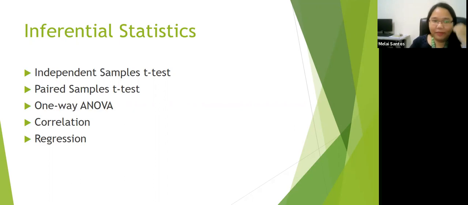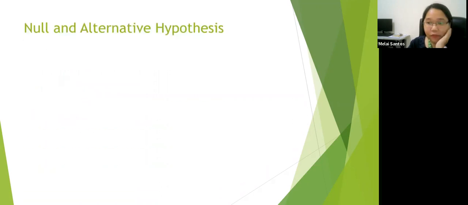But we will not compute the independent and paired samples in ANOVA live because I did that already and it took me half a day to compute. Before we go there, we have to understand that in inferential statistics, we are testing your hypothesis. Remember that you have your hypothesis.